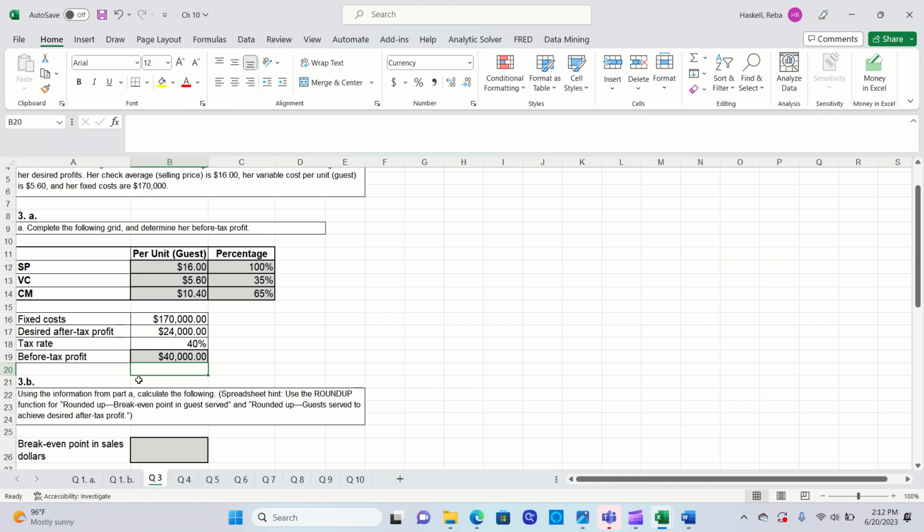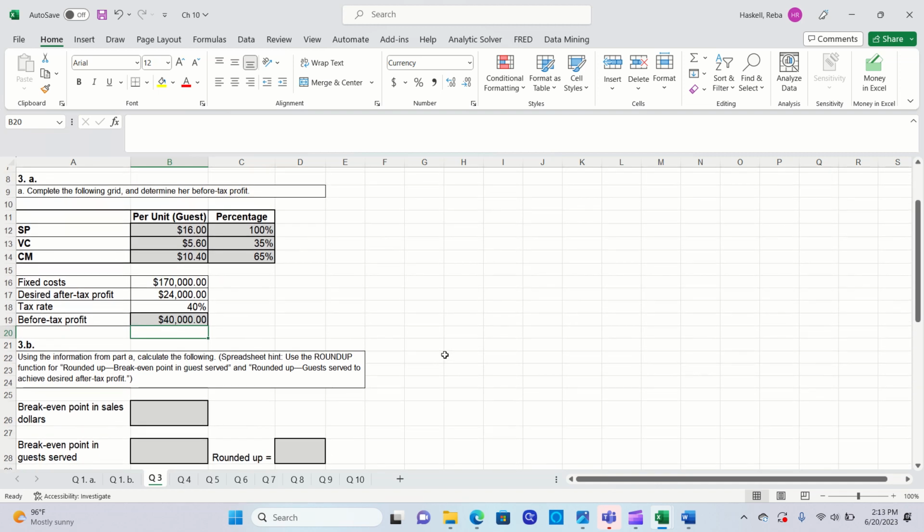All right, so our before tax profit is $40,000. And that's so with our tax rate being 40%, we have to make $40,000 to achieve an after-tax profit of $24,000. All right.